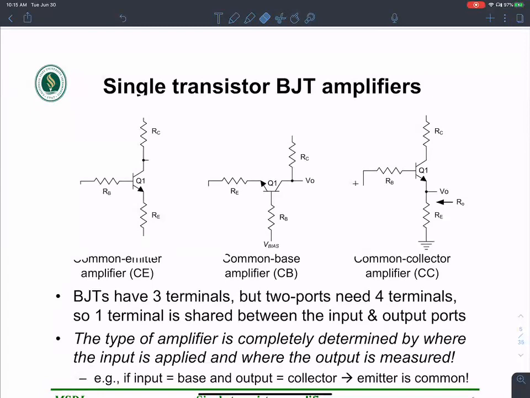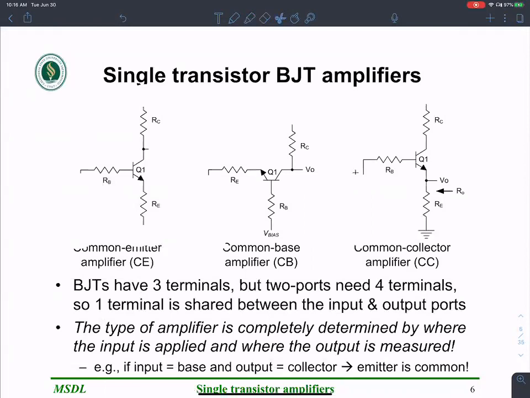They are exactly the same when there is no input and output applied. But when there is input and output applied, depending on where I apply the input and where I apply the output, I can have 3 different configurations. If I don't apply the inputs at all, then all of these appear the same.